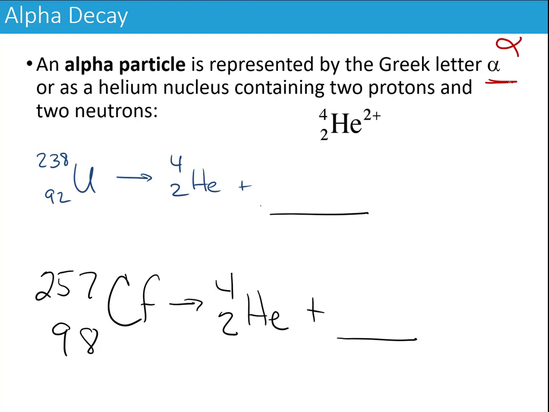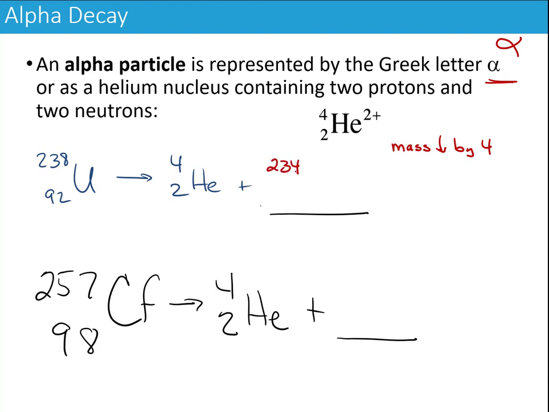Remember that the atomic mass, when you write it in that symbolic notation, is above, and it's always the bigger number. So the mass is going to decrease by 4. Instead of being 238, now my product is going to be what? 234.